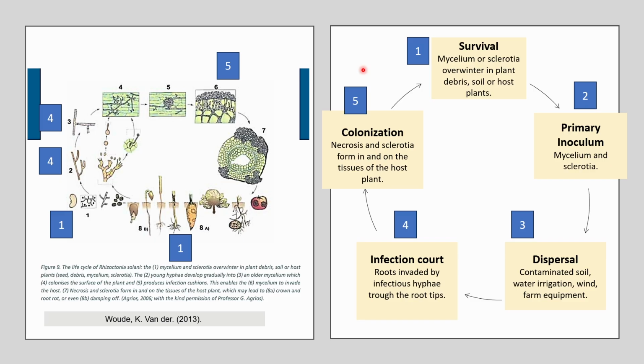These T-shaped structures are called infection cushions, and these pathogens use specific enzymes capable of digesting cell walls, and this enables the fungus to invade and colonize the host. And of course, they are going to produce the sclerotia, and that's going to be the one that overwinters, and also the mycelium.